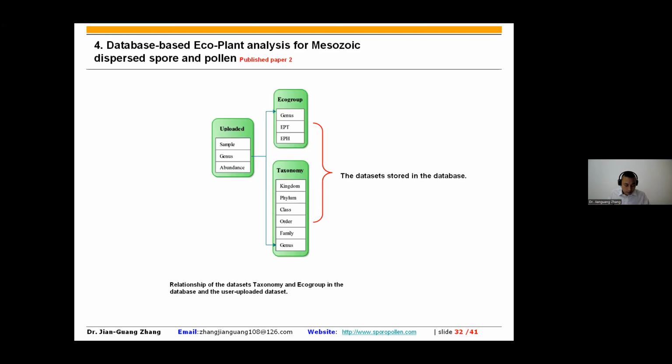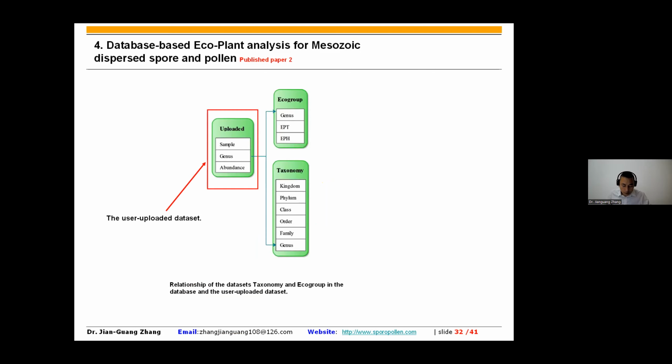These climatic patterns and parent plant information are stored in the online database. When spores and pollen abundances are uploaded to the database, they will be automatically linked to their climatic patterns and parent plants. Abundances are also automatically calculated.